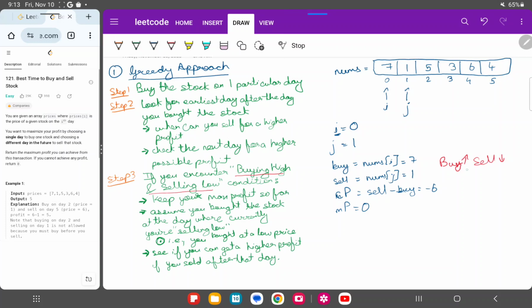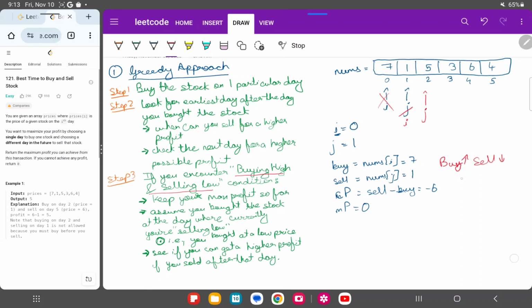Now since we've encountered a buying high and selling low condition, what do we do here? As said, assume that we bought from that day. Wherever you're selling at a low position, make that day the position from where you bought, and from the next day onwards start selling.